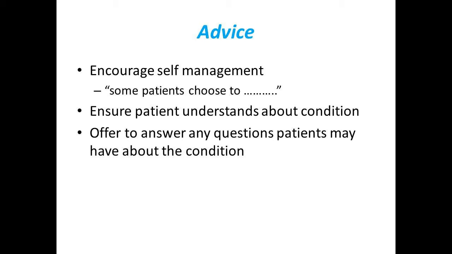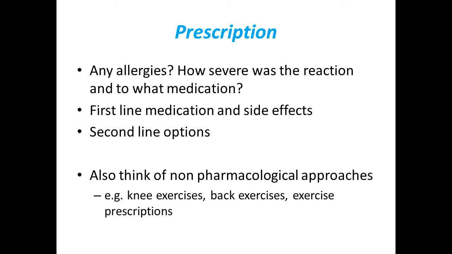So there might be things that they could do in the interim that you could advise them to do. And you can offer to answer any questions that they may have about the condition. With regards to advice, you might think about non-pharmacological approaches. So things like knee exercises, back exercises, or exercise prescriptions for musculoskeletal complaints.